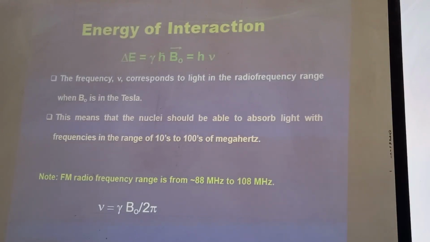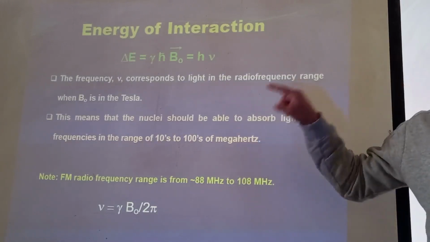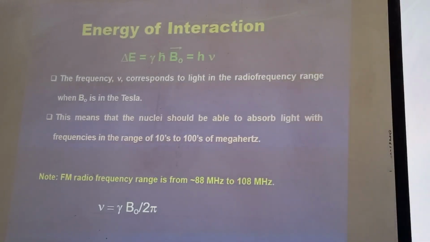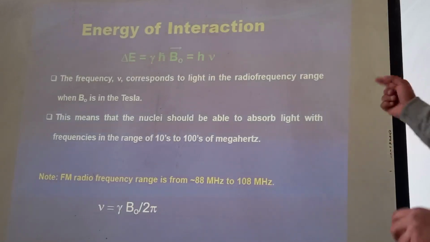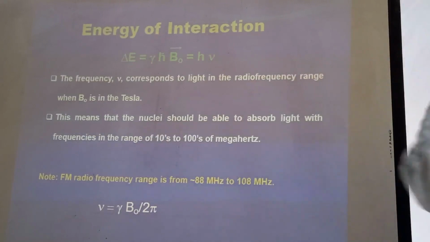Now we have discussed the effect of B naught on the nuclei. They arrange themselves in all possible spin states. An energy gap, that is del E, is developed between these spin states, and they start precessing with a particular frequency. And then we discussed the radio frequency.